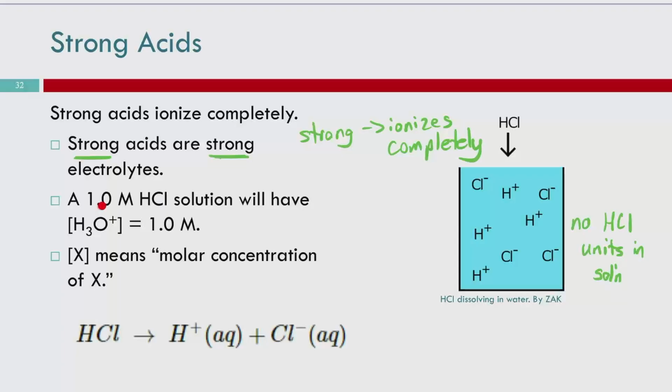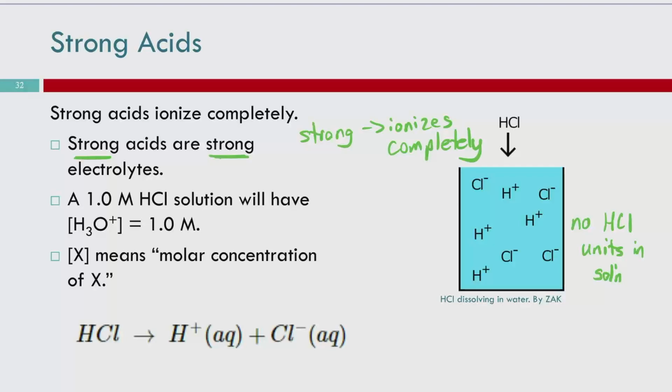So if you take a 1 molar, molar being our concentration unit, hydrochloric acid solution, our H3O plus concentration will be 1.0 molar. Because we put in 1 molar HCl, it's a 1-to-1 ratio between HCl and H plus, which is the same as H3O plus when we're in water, so it's also 1 molar.